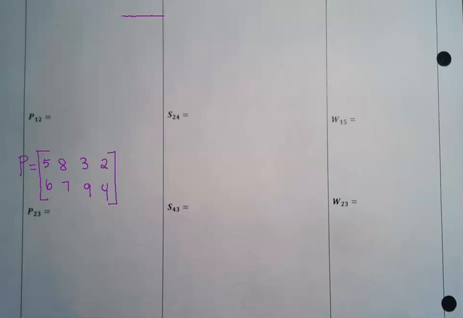All right, so it wants to know element 1, 2. What is element P 1, 2? So remember, we're in matrix P, row 1, column 2. So that's 8. And what does 8 represent?